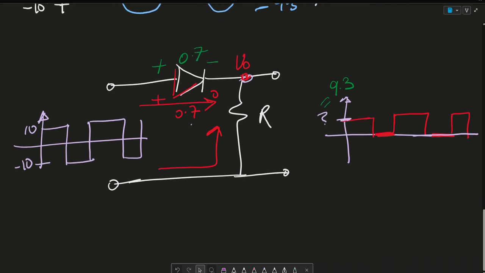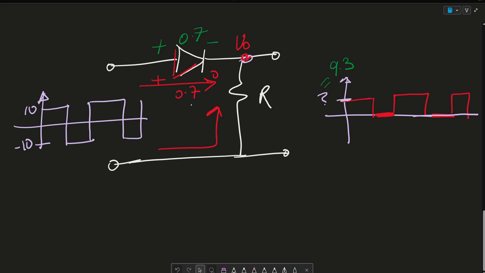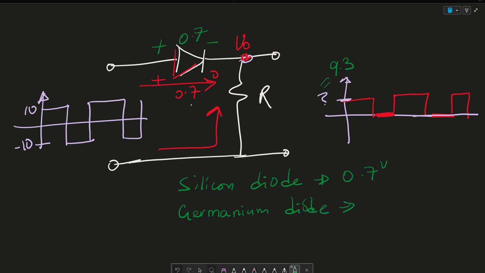Quick side note, you can have a silicon diode with 0.7 volts through it in forward bias, and a germanium diode, and this gets 0.3 volts through it.